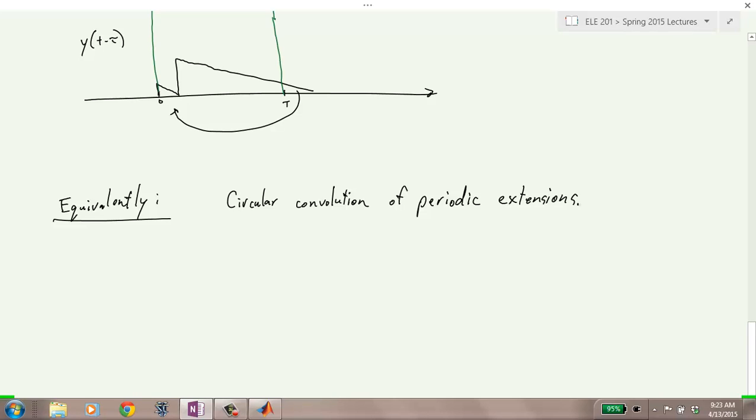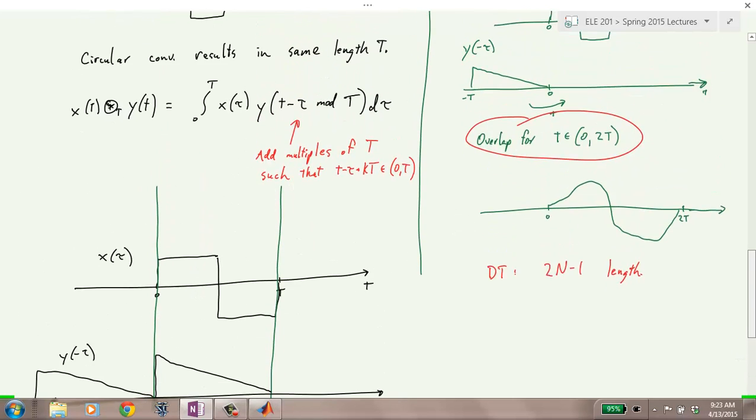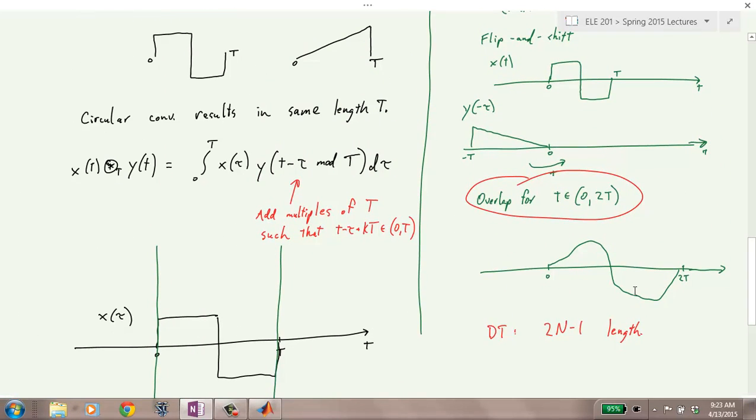Here's a final way. Do regular convolution. You get a signal that's too long. Then take everything after capital T and wrap it around and add it in. So everything that leaked over past outside of the duration 0 to T, you just circle it around and add it in. It superimposes on itself, wrapped around. So all these things give the same answer. They're all different ways of interpreting circular convolution.